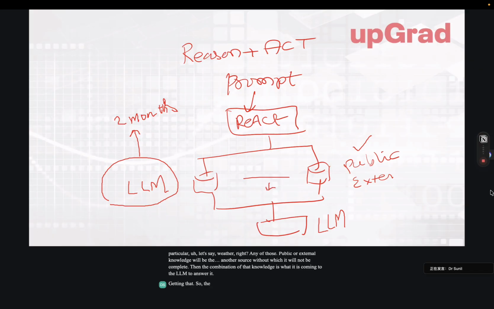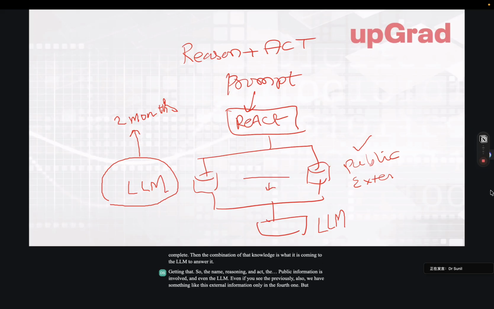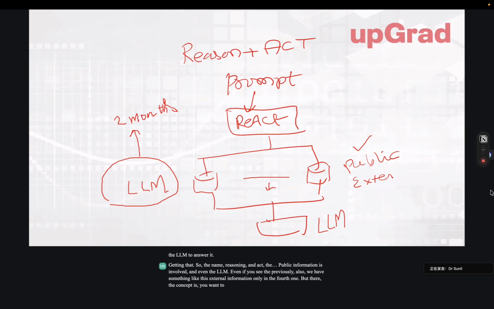So the name is reasoning and act, where public information is involved, and the LLM as well. Previously we also had something like this with external information, in the fourth one. But there the concept is that you generate that knowledge and feed it in, and then that is going to act. Whereas here, we are trying to get the public, external information and the LLM, and finally the combined answer is pushed there.